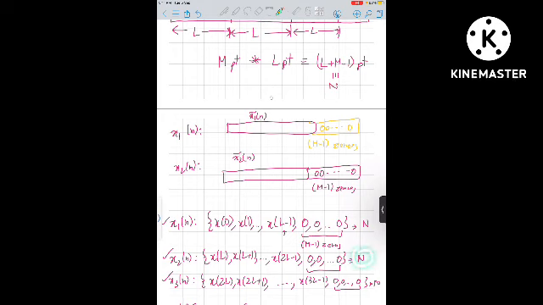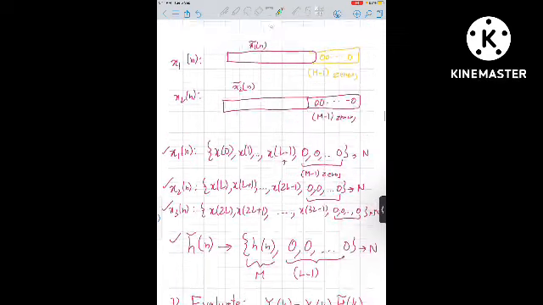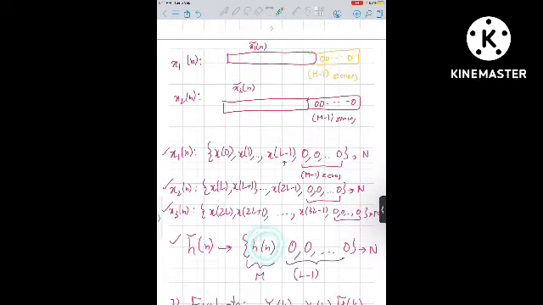How many zeros do I append? L minus 1. So this is m points and this is L minus 1, so I have length n. So all that I have obtained, x1 of n, x2 of n, x3 of n, h tilde of n, are now n-point sequences, which is the same as the convolution length L plus m minus 1. L plus m minus 1 is equal to n.